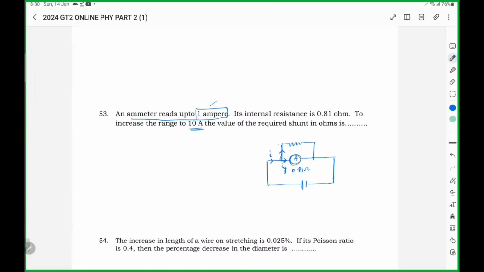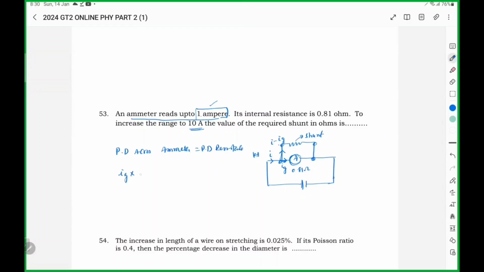To measure 10 amperes, the remaining current will flow through this parallel resistor, which is called a shunt. Since they are connected in parallel, the potential difference across the ammeter is equal to the potential difference across the resistance.